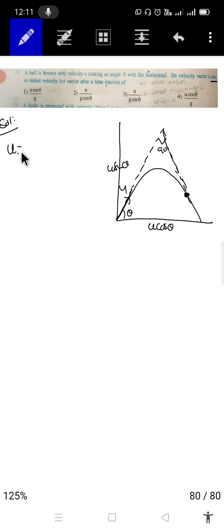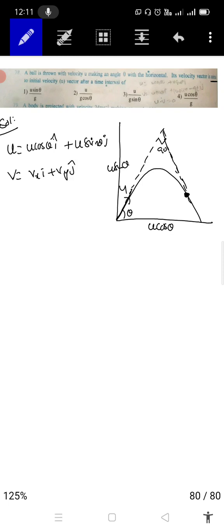Now this can be written as u cos theta i cap plus u sin theta j cap. This is called the initial velocity. After some time we are going to get a final velocity. The final velocity formula is Vx i cap plus Vy j cap.